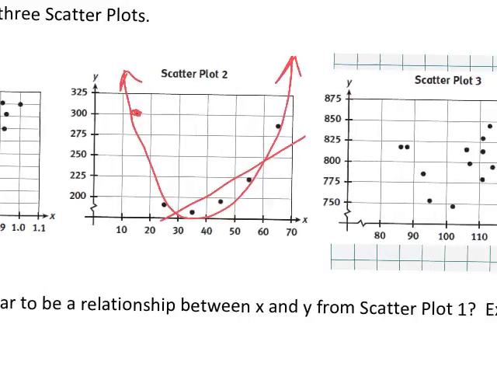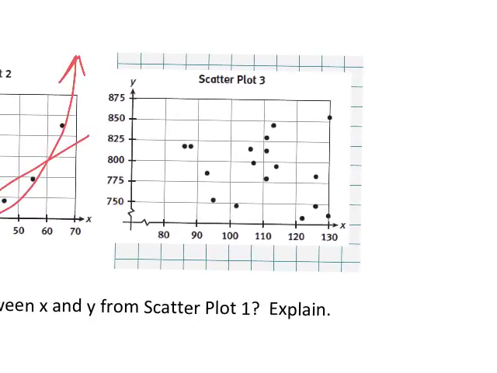All right, let's look at 3. Does 3 appear to have a relationship, yes or no? Give me a thumb. Yes or no, does it have a relationship? Yeah, I think most of us are saying no. I would agree. This doesn't really have a relationship. I can't tell if the data is increasing or decreasing. I can't tell if there's any kind of linear pattern.